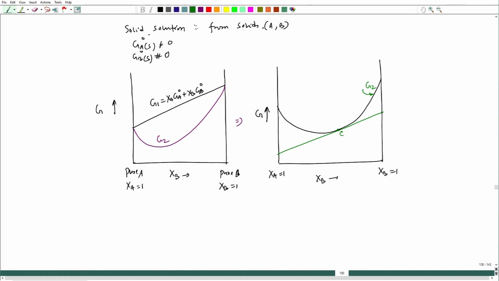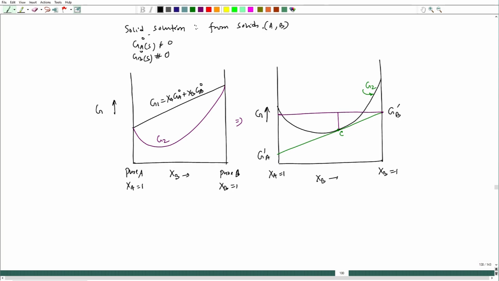I can draw a line passing through this point parallel to the composition axis. A parallel line is drawn, and then one vertical line with respect to the composition axis I can draw like this. Now, this particular point let me consider as G prime B, and this is considered as G prime A. Okay.